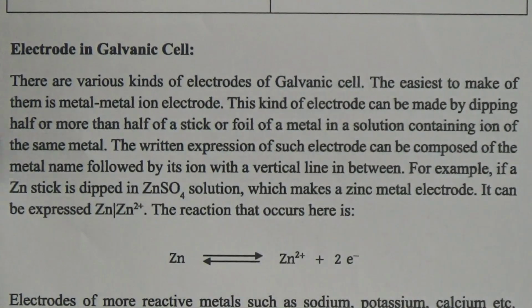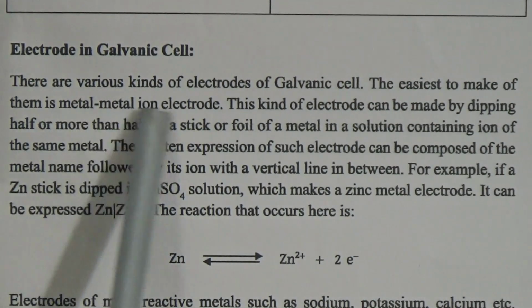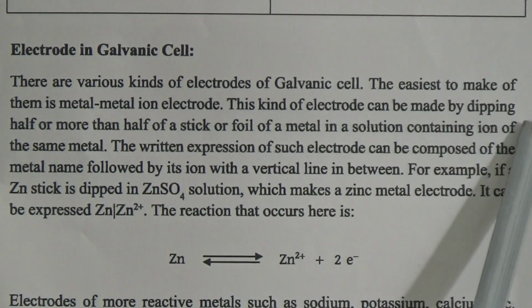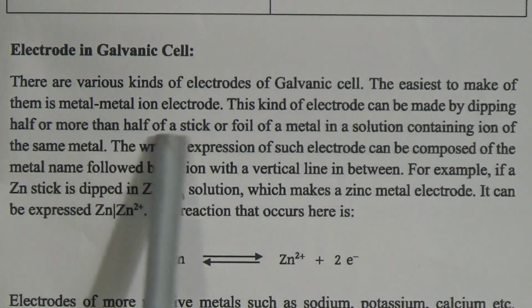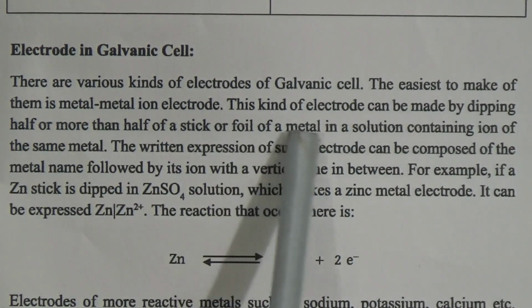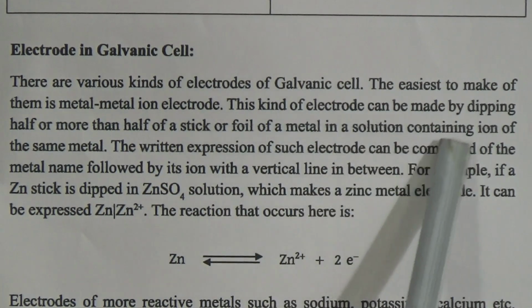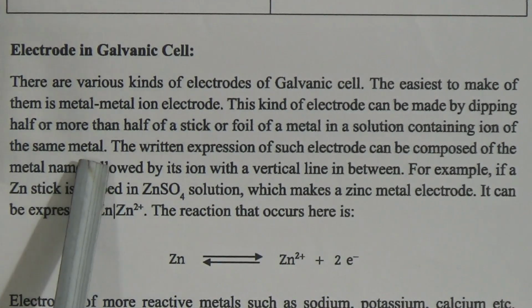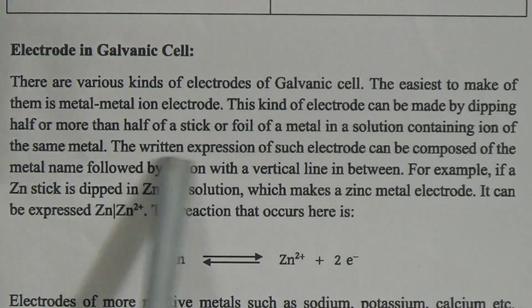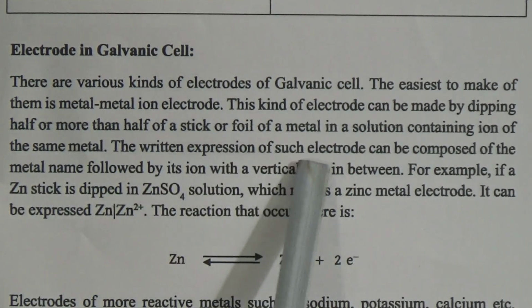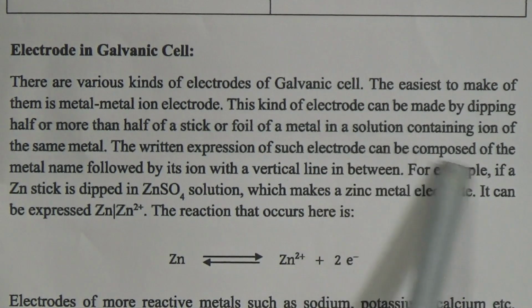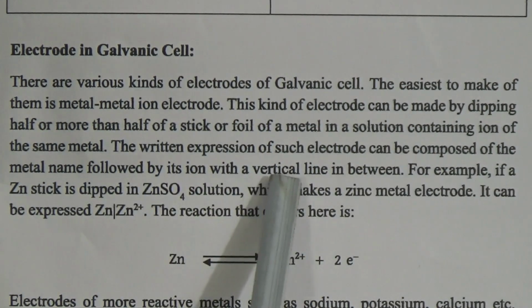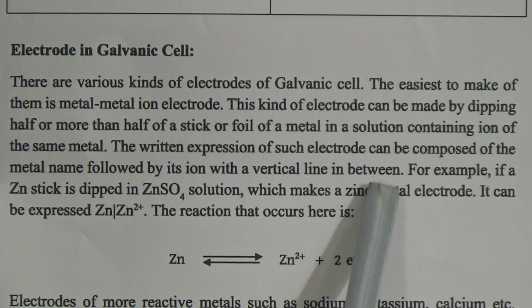The simplest of them is the metal-metal ion electrode, and this kind of electrode can be made by dipping half or more than half of a stick or foil of a metal in a solution containing ions of the same metal. That we have discussed on the previous page. Then the written expression of such an electrode can be composed of the metal name followed by its ion with a vertical line in between.